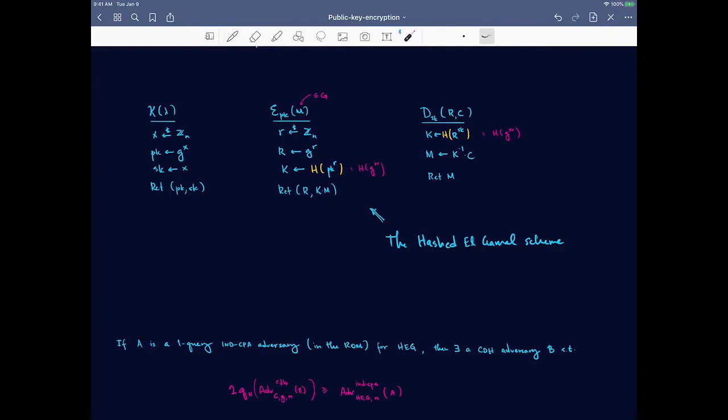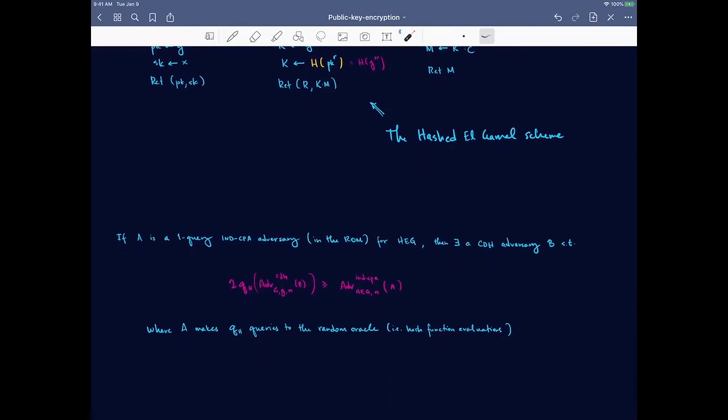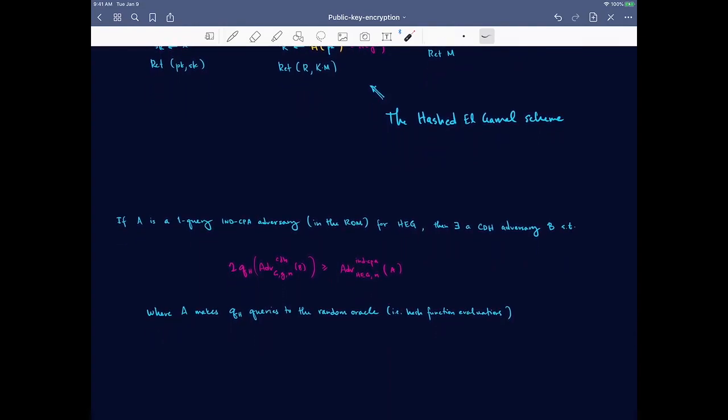So yes, you can get away with CDH with the simple change of just hashing the key to create the key. But in the security sense, you get away with asking less of the group, but you probably have to use a larger group because of this term sitting out here, which you have really no control over as the security engineer.